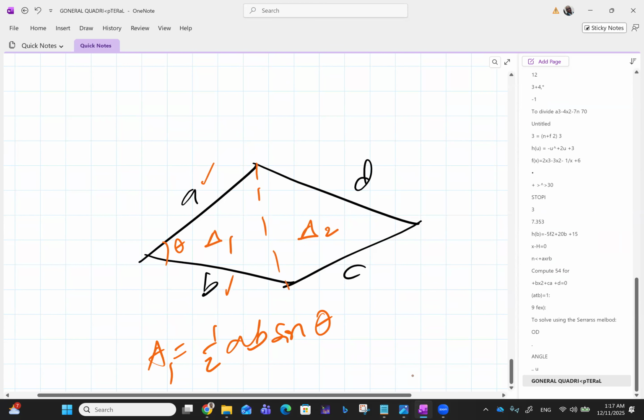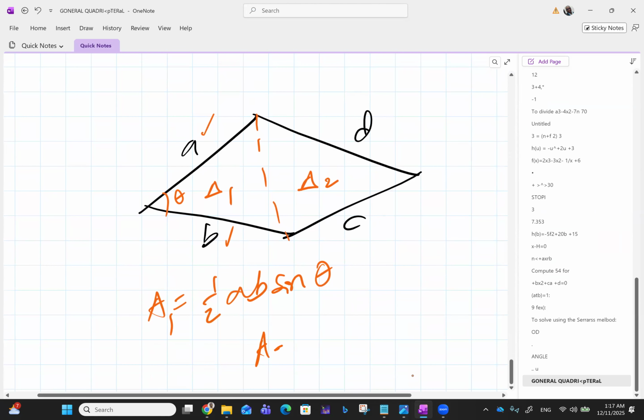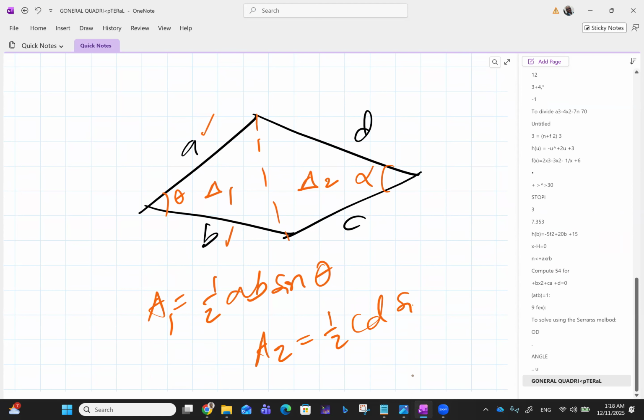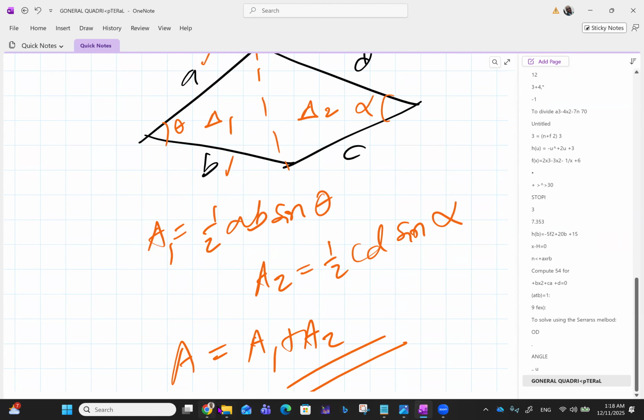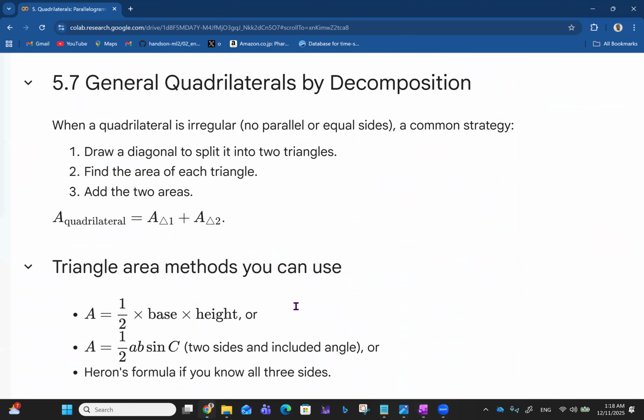For area two, imagine this angle is given as alpha. Area two will simply be half C times D times sine alpha. Overall, the area of that general polygon will just be A1 plus A2, and that's it. So that's one way to look at that.